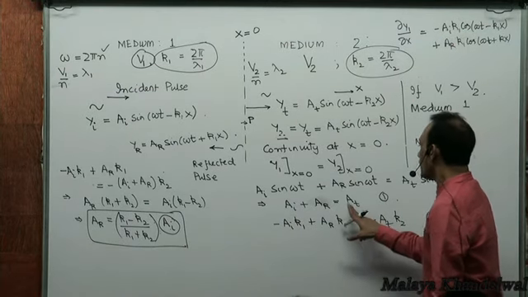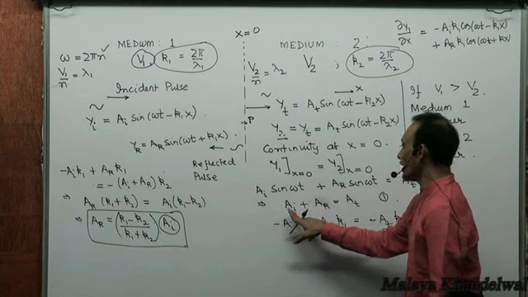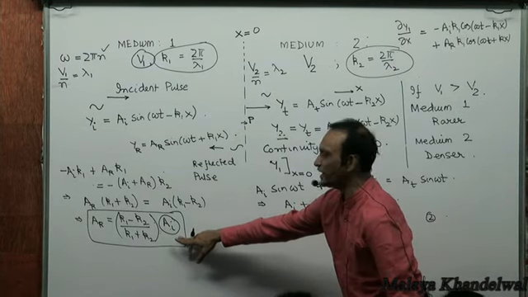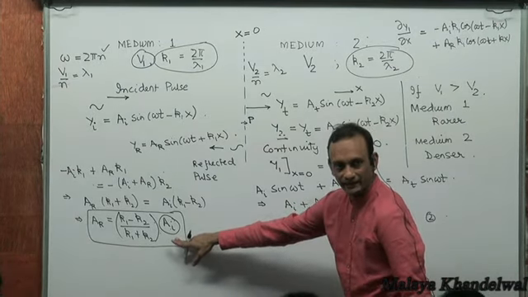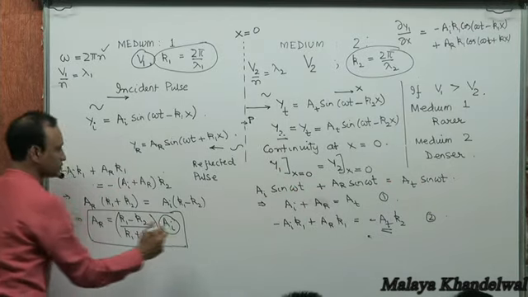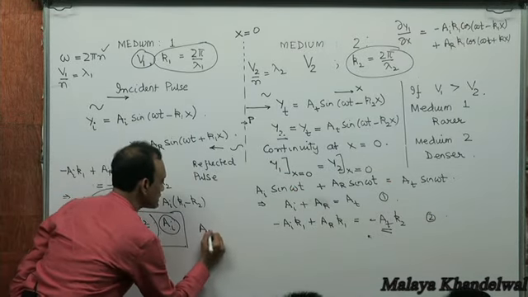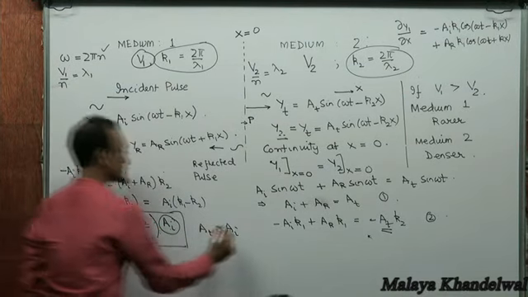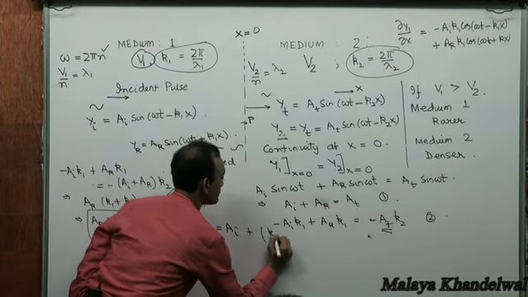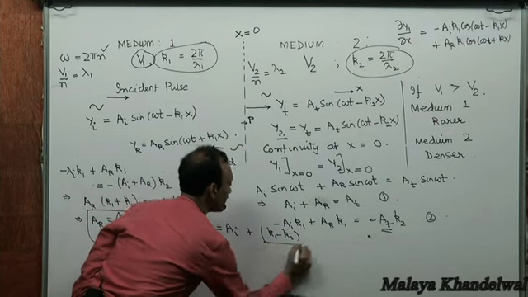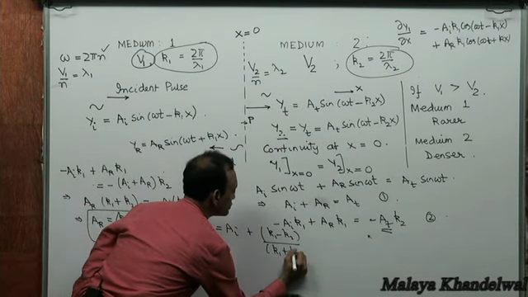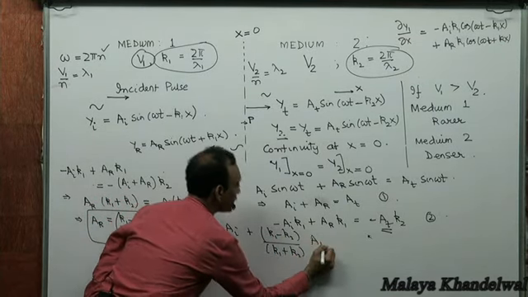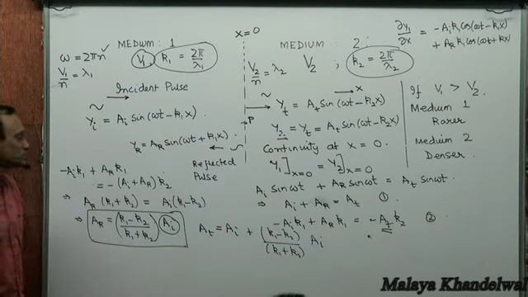Very clearly, to obtain At, what would you do? You have to add Ai to Ar. If you add Ai to this, you'll get At, right? So At, the amplitude of the transmitted pulse, is Ai plus (k1 minus k2) by (k1 plus k2) into Ai. That's the amplitude of the transmitted pulse.